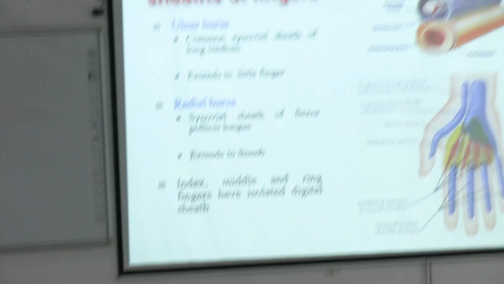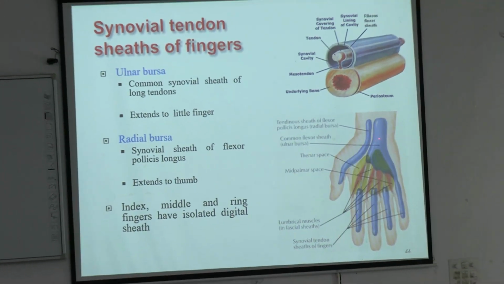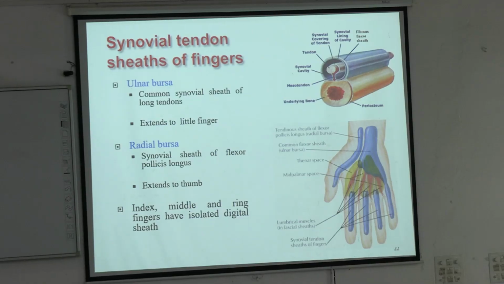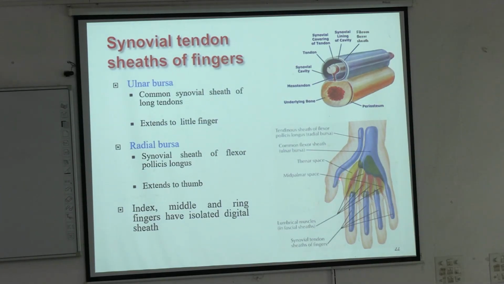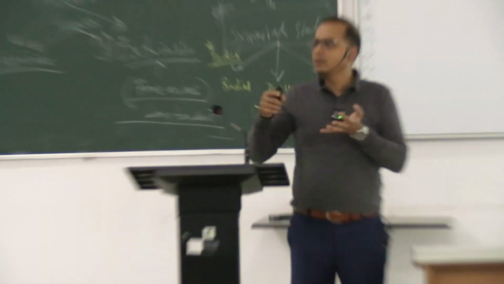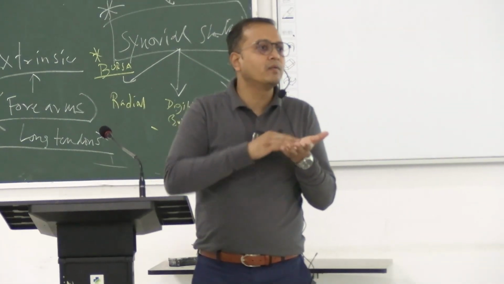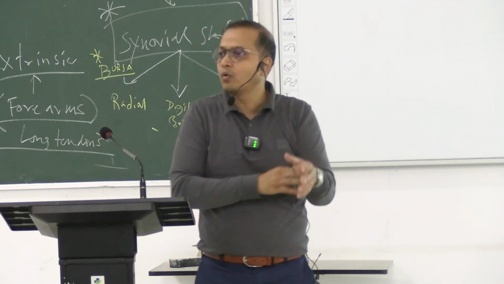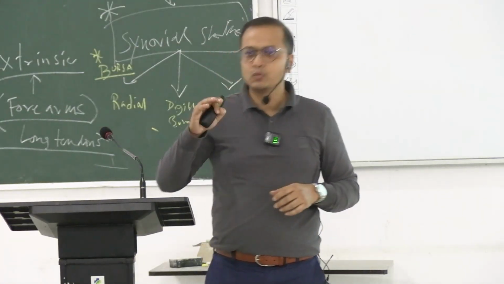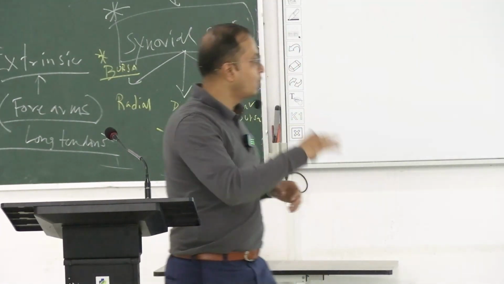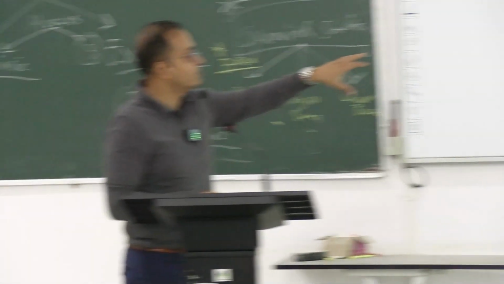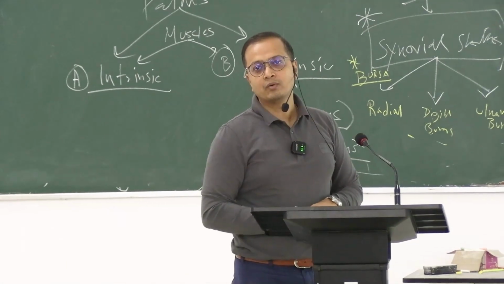So infection from the radial bursa and ulnar bursa can spread from the little finger to the thumb. You pricked the skin of an unsterile little finger and ended up with infection spreading to the thumb, passing through the palm region and reaching even the forearm. That's why extensive knowledge of this bursal spread is important to us.